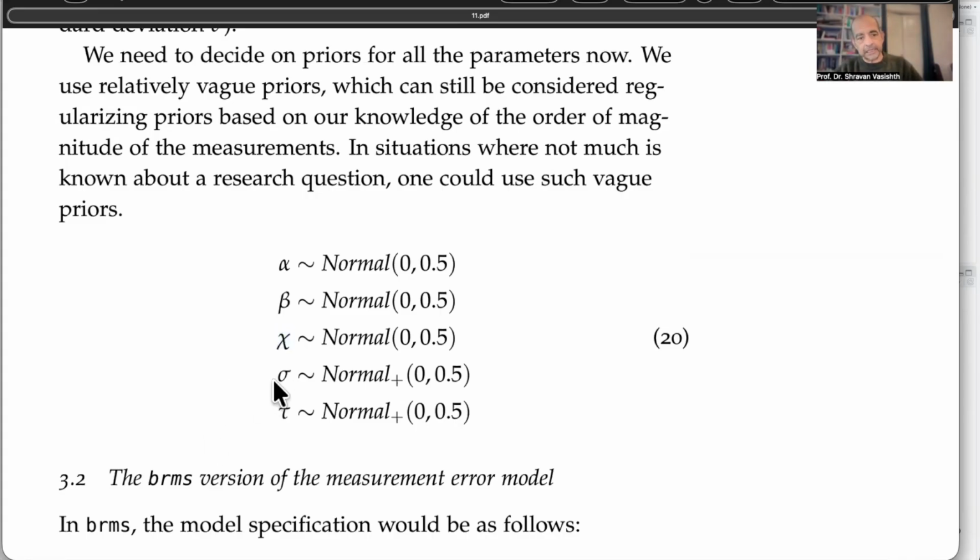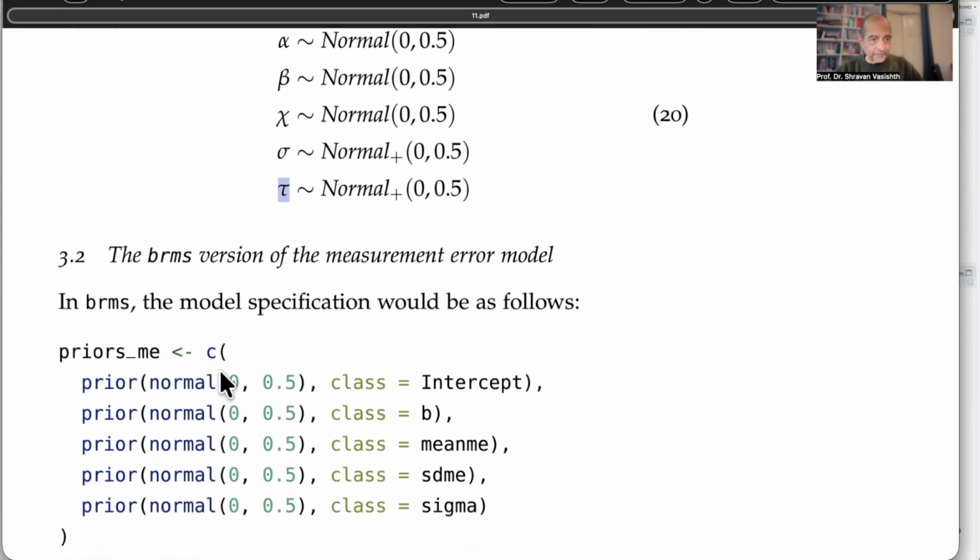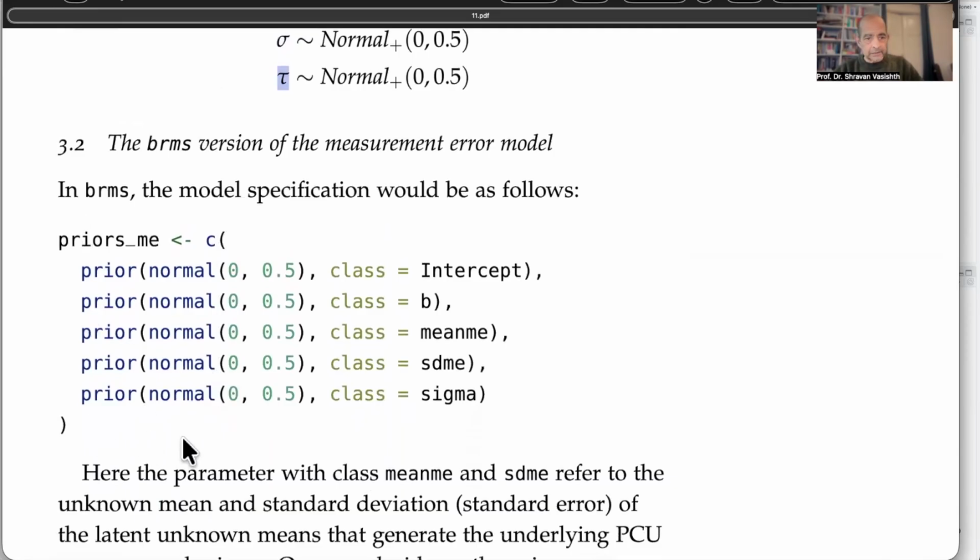And then we have the standard deviations, which is the residual standard deviation in the likelihood function, and tau represents the between subject variability in the PCU scores. Easy, right? Standard setup. Here's the prior specifications. Now the only new thing here is, here's the intercept, here's the slope, defining priors for those, and the new thing here is mean ME and SDME.